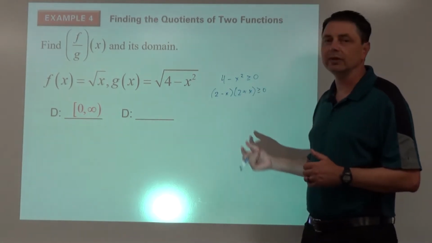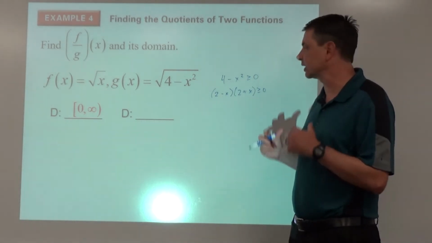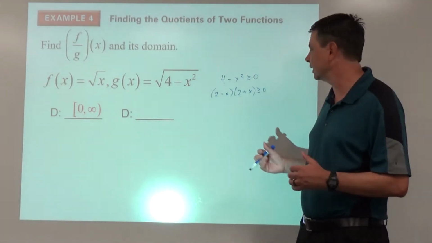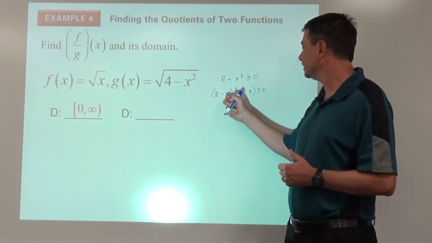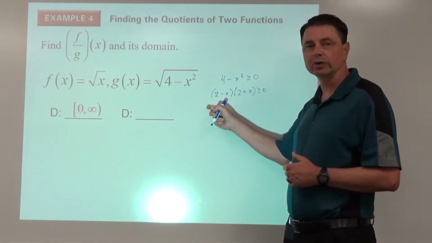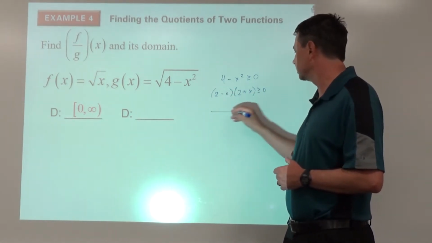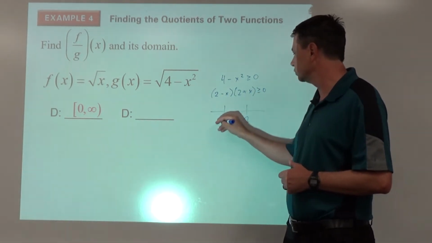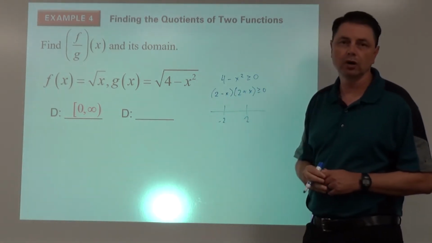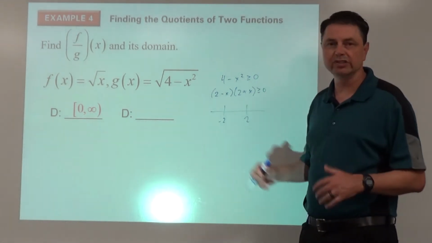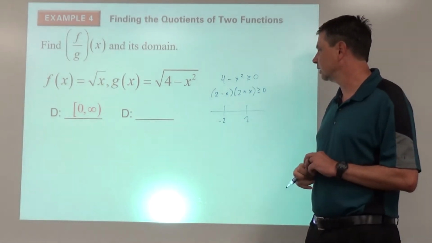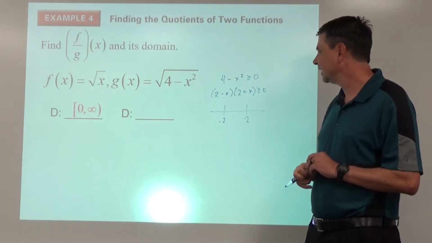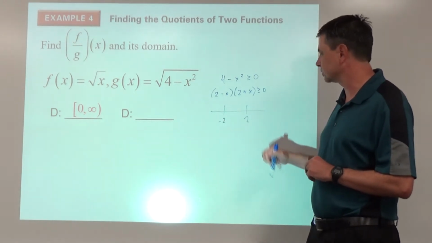And then once we do that, one of the strategies that we're going to work through at some point in this course is to come up with the boundary points. On the number line, we've got 2 and -2 as the critical numbers, or the zeros. If this was equal to 0, those would be the solutions to the equation. And then we can test the regions.